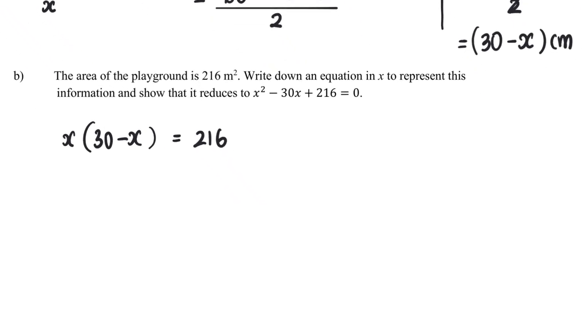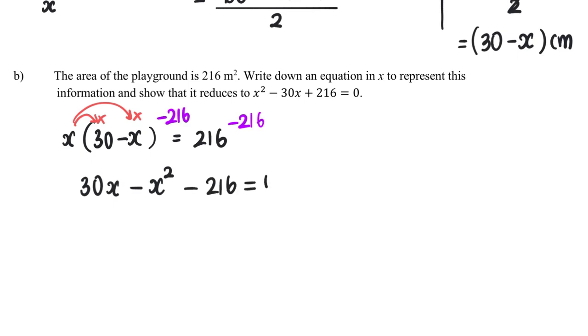Okay, now that we have formed the equation, we will just need to expand and simplify. I will have 30x minus x squared equals to 216, and I would like to minus away 216 on both sides to make it equals to 0.